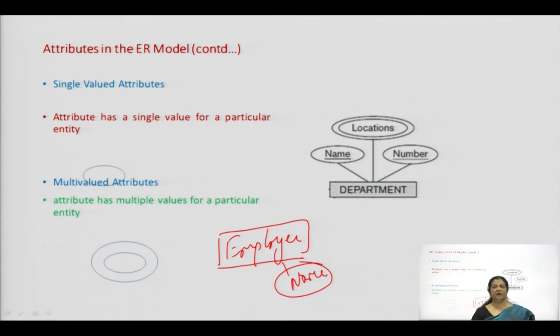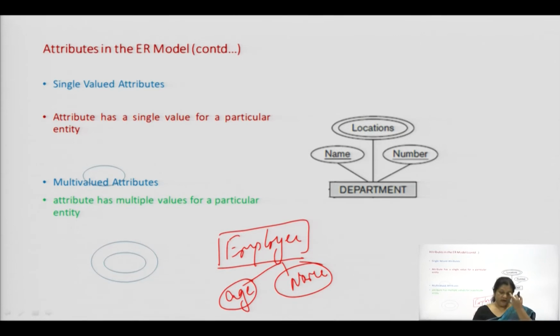Now, an employee can have only one name, an employee cannot have 2 names. There is another attribute age. An employee can have only a single age. So, any attribute that can have only a single value for a particular entity is called a single valued attribute.